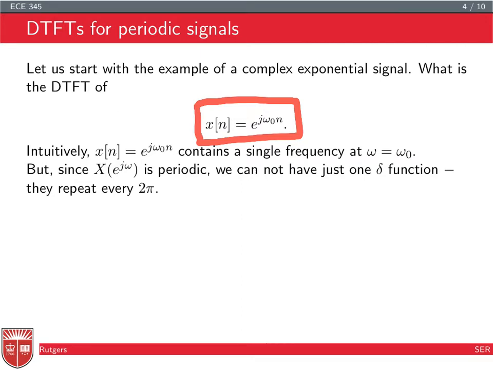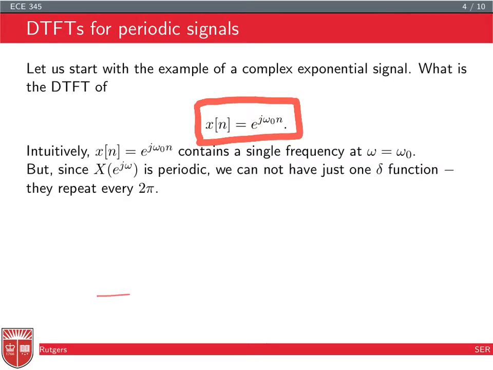Now, if you think of it for a second, you can see that this signal is periodic and has frequency ω0. So, in some sense, in the frequency domain, it should have a frequency at ω equal to ω0.